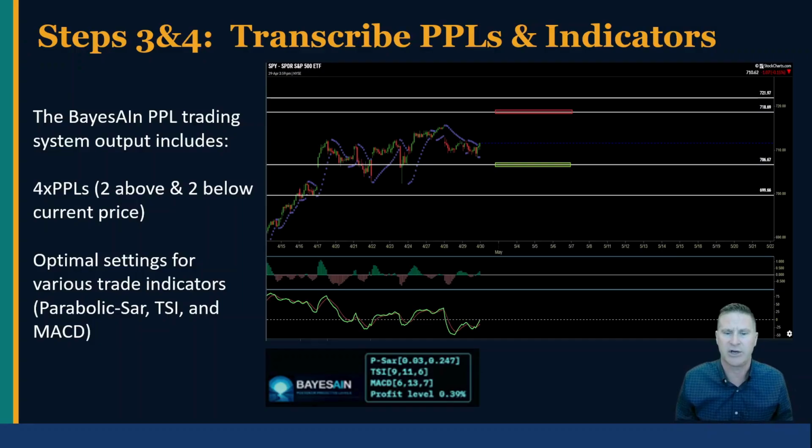I think this is stockcharts.com, but there's a lot of choices out there. You can see here that we have the red rectangle and the green rectangle indicating the closest support and resistance levels. And then you have all 4 support and resistance levels on this chart. You can see down below, these are the optimal parameters for each one of these technical indicators.